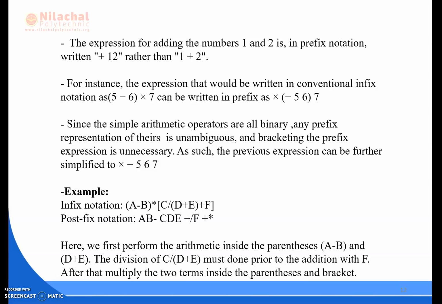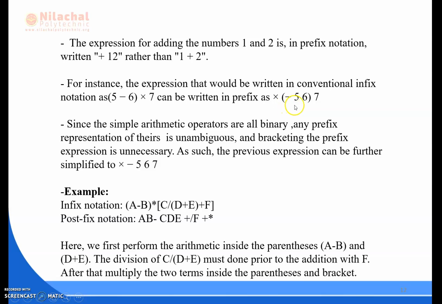For instance, if we take an arithmetic expression as 5 minus 6 in parentheses, multiplied by 7, it can be written in prefix as follows: the parenthesis will be solved first. So 5 minus 6 will be written as minus 5 6, and the parenthesis is given.